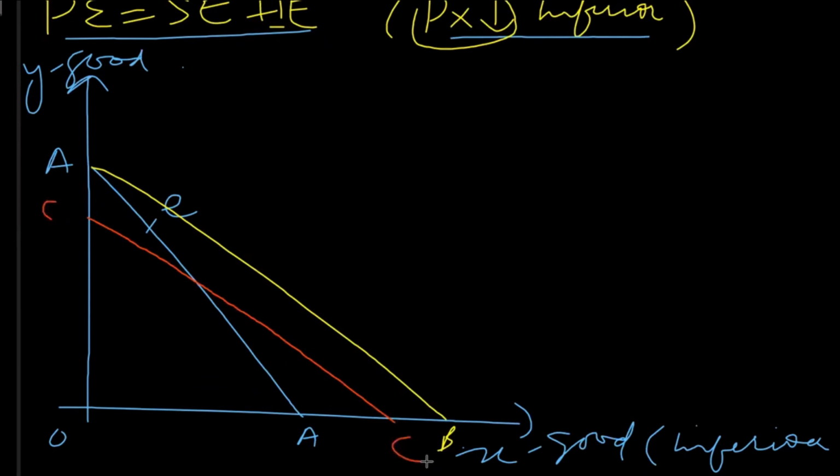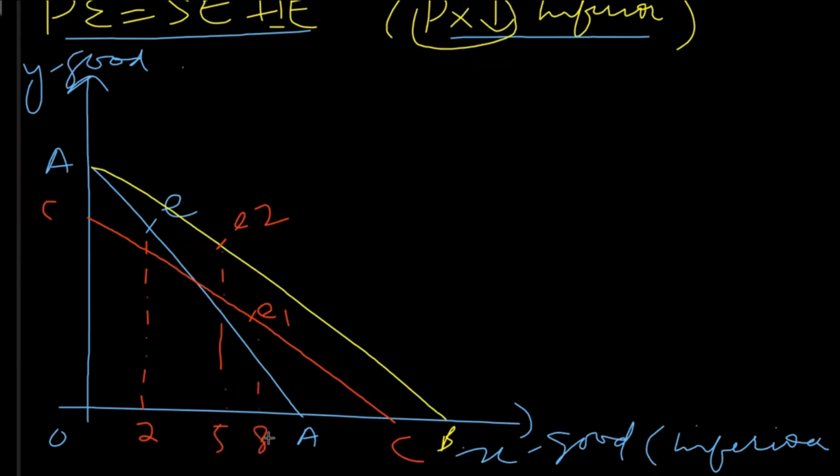For the substitution effect, the new equilibrium should take place somewhere at point E1, and the price effect should take place somewhere at point E2, and again we will find out combinations. Initially the consumer was, let's say, purchasing 2 units of X good, and here he is purchasing 5 units of X good, and let's say it is 8 units of X good.